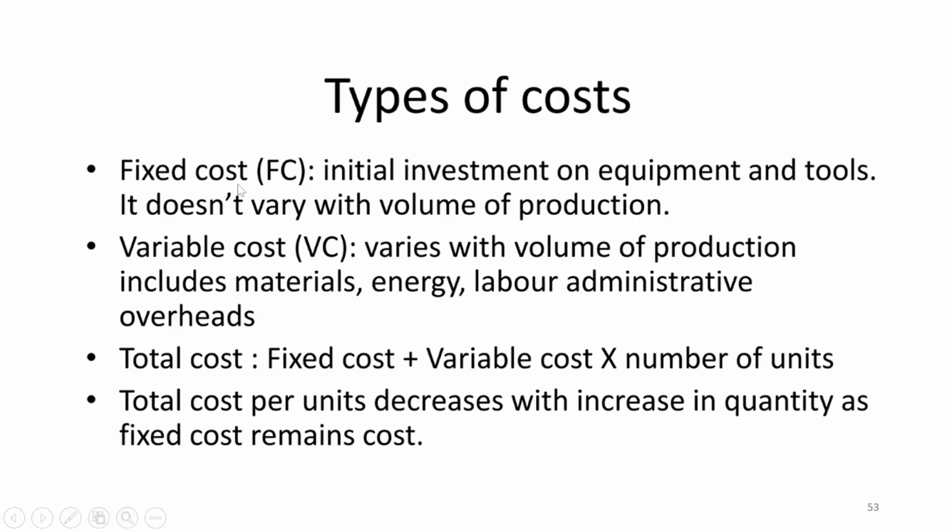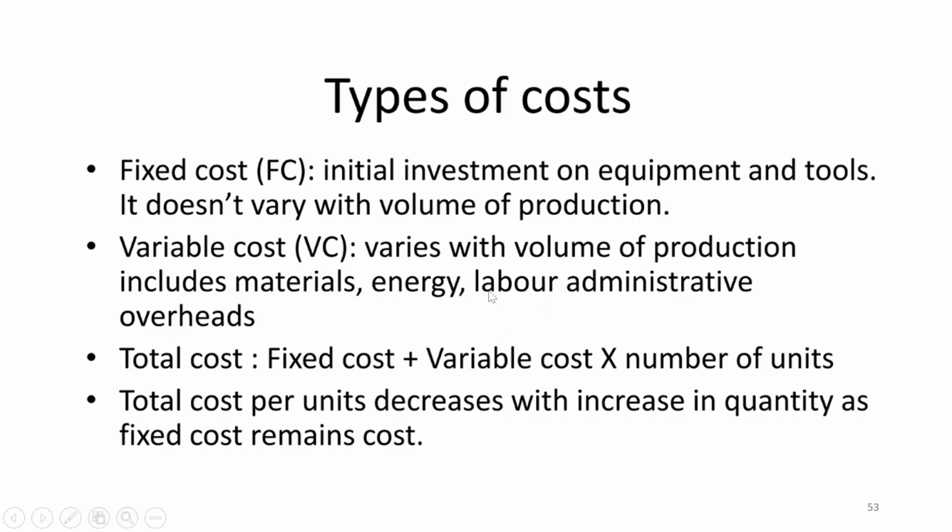Fixed cost will be the initial investment on equipment and tools. It doesn't vary with volume of production. Variable cost varies with volume of production and includes materials, energy, labor, and administrative overheads. For example, aluminum scrap will be your variable cost, and the electricity that you are using for your furnace will be variable cost.